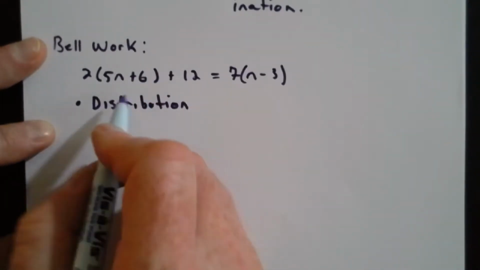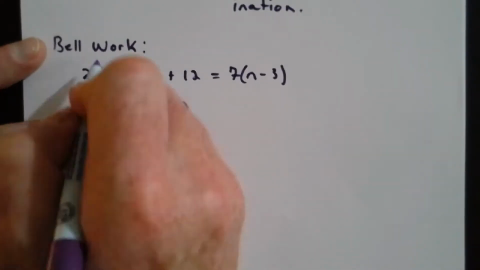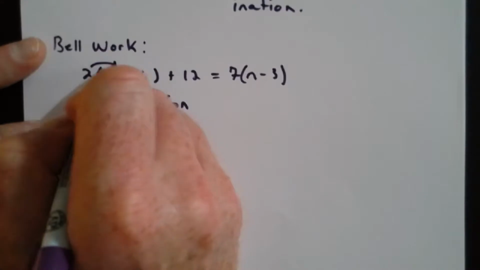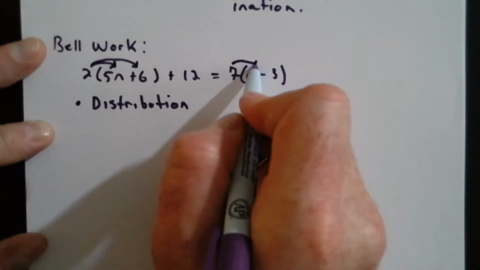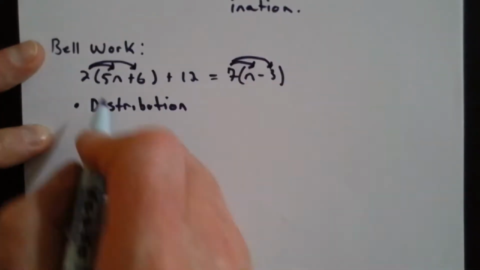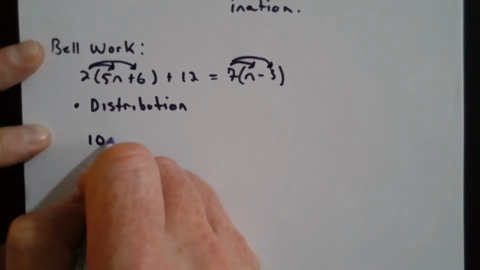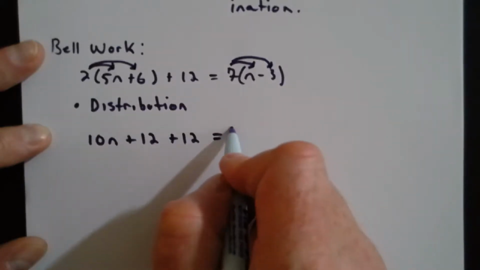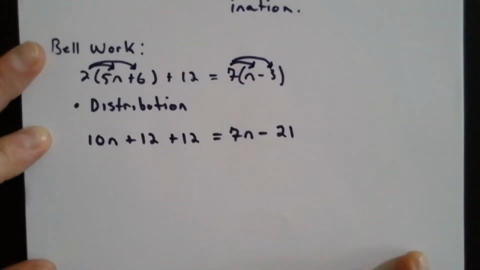So distribution is going to be, and we are going to have 10n plus 12 plus 12 is equal to 7n minus 21.